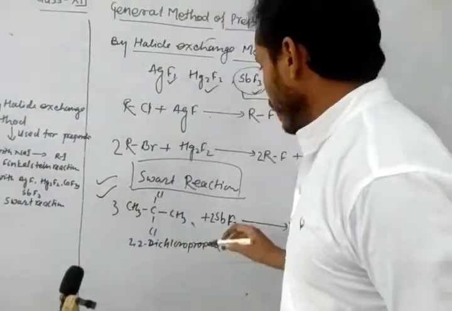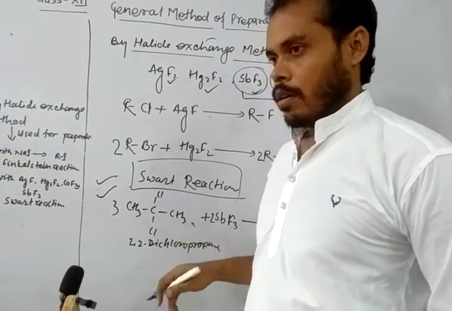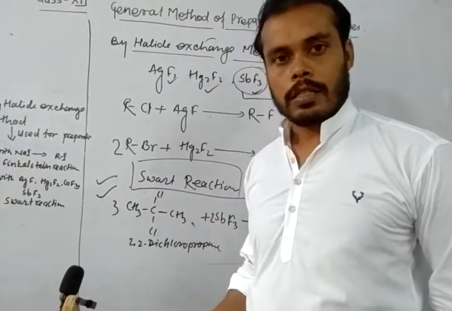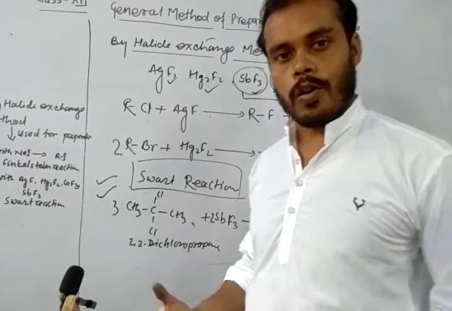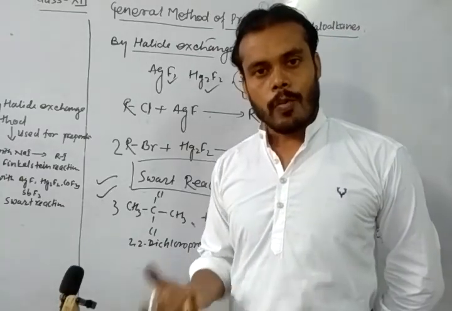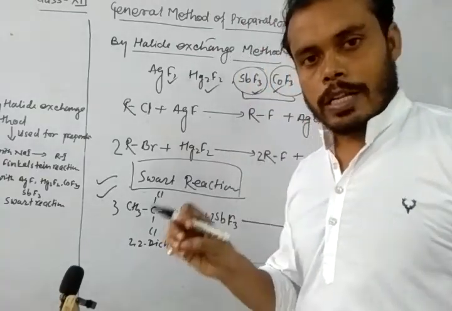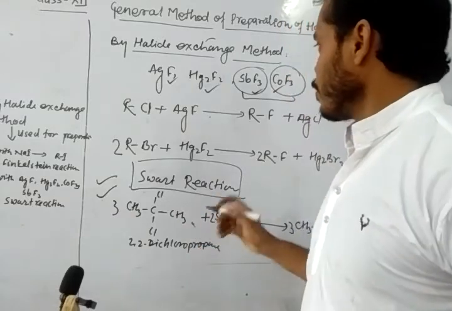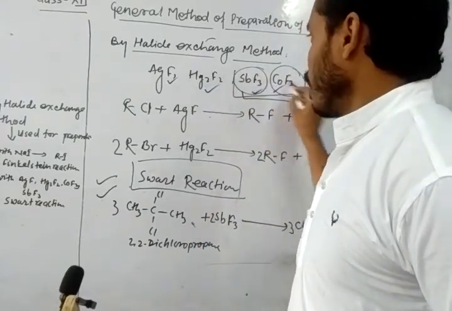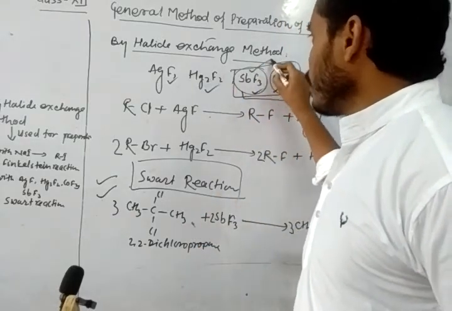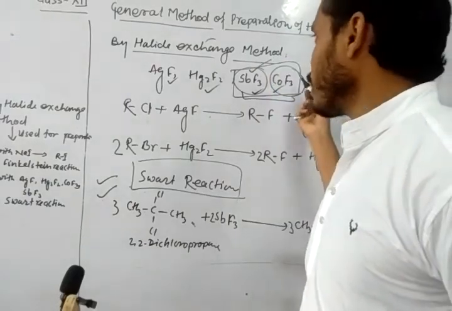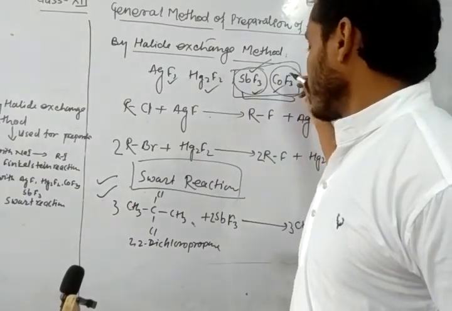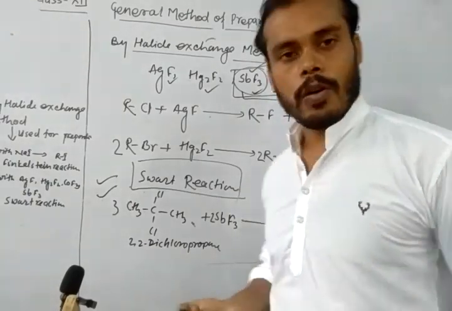In the case of haloalkanes in which two or more chloro or bromo atoms are attached to the same carbon atom, in this situation we always use antimony trifluoride or cobalt trifluoride to form fluoroalkanes.